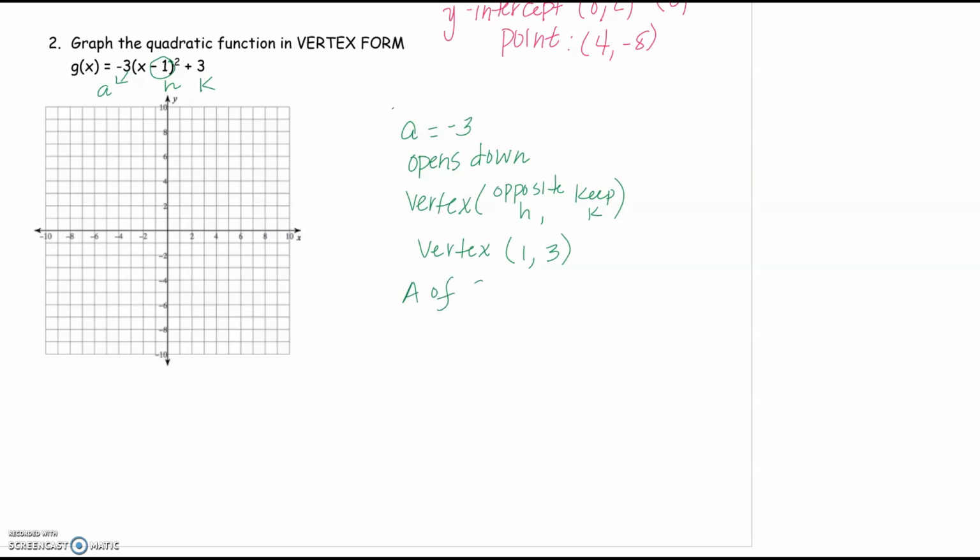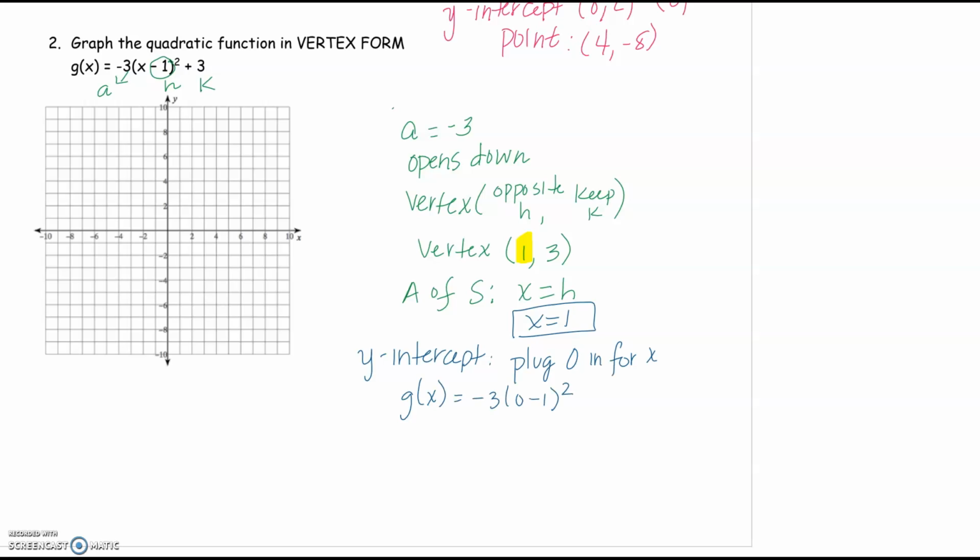Axis of symmetry is x equals h. Well, our h is the first coordinate of our vertex, which was 1. So we're going to have x equals 1. How do we find our y-intercept? That's where we plug in 0 for x. Okay, so we have g of x equals negative 3 times 0 minus 1 squared plus 3.